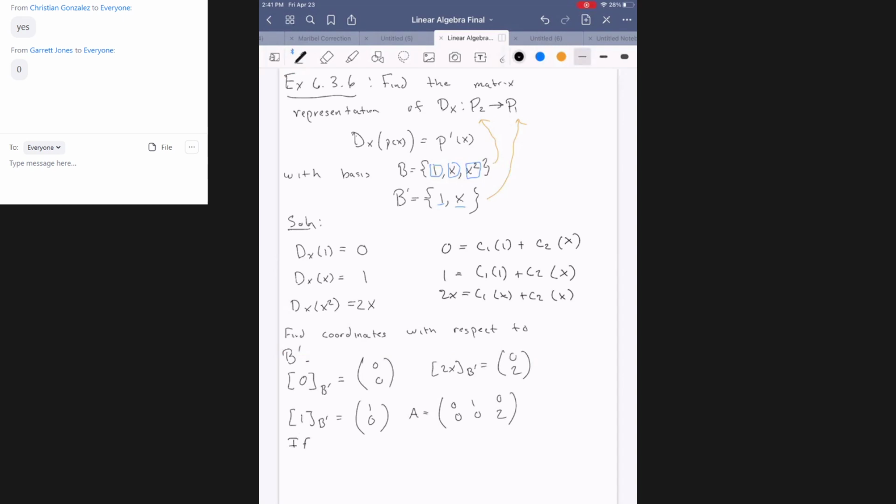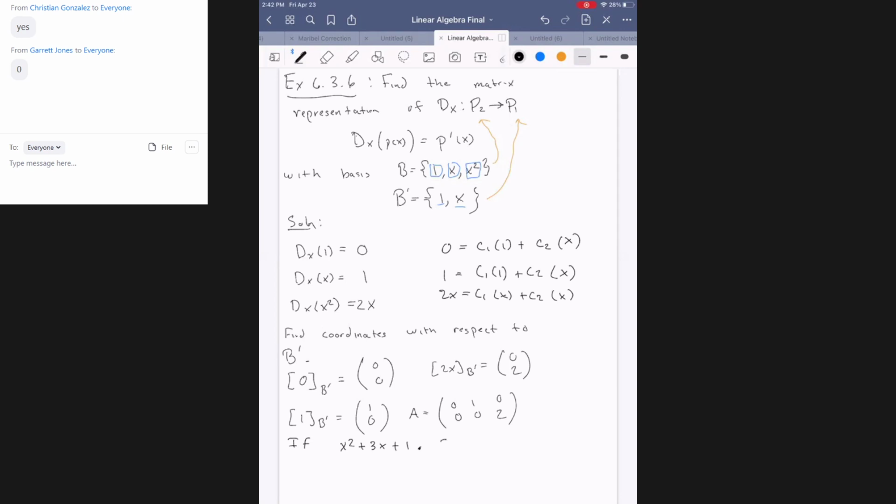If we have a polynomial of degree 2, say ax squared plus bx plus c, let's make it concrete. Let's say it's x squared plus 3x plus 1. What are the coordinates of this polynomial with respect to the basis B?